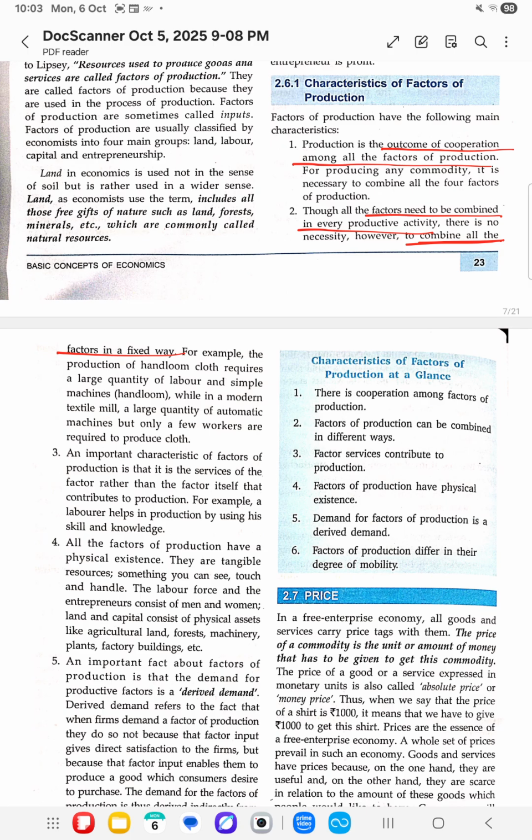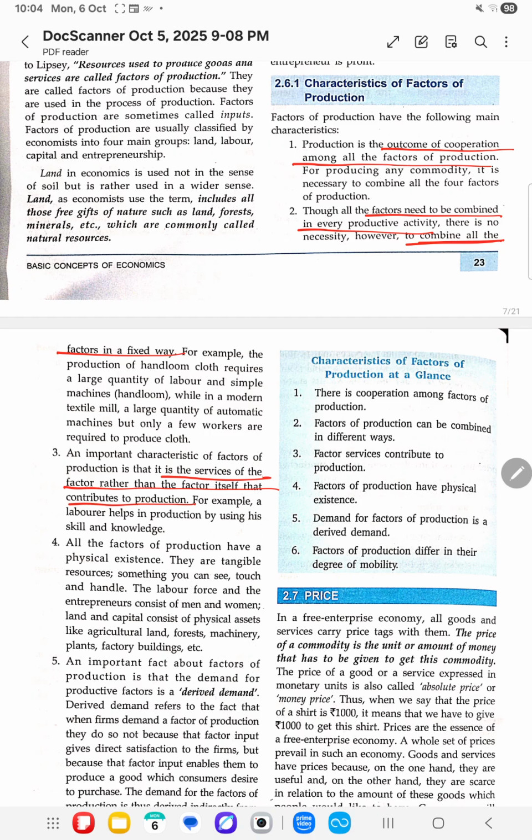That means to produce one type of good, there is a certain ratio of land, labor, capital and entrepreneurship needed. But to produce some other good, a different ratio of land, labor, capital and entrepreneurship will be needed. Third, an important characteristic of factors of production is that it is the services of the factor rather than the factor itself that contributes to production.